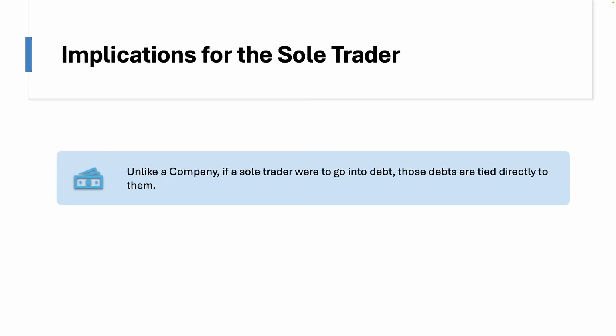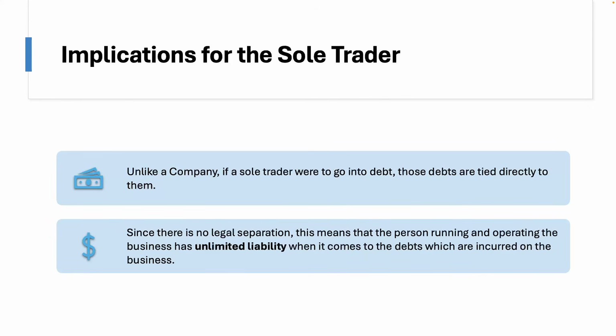And these debts, unlike with a company, will be tied directly to the person who is running the business. They are their debts, okay? Since there is no legal separation between the business itself and the person who is running the business, it means that the person running and operating the business has what we call unlimited liability when it comes to debts which are incurred onto the business.